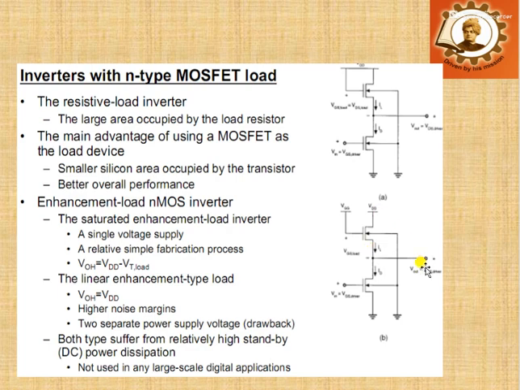When Vin is 0, the output voltage Vout is almost fully equal to VDD, with no subtraction of the threshold voltage. In the previous case, the output voltage swing is VDD minus VTH. Here, in the second figure, Vout will be equal to VDD, not VDD minus VTH, when Vin is 0.